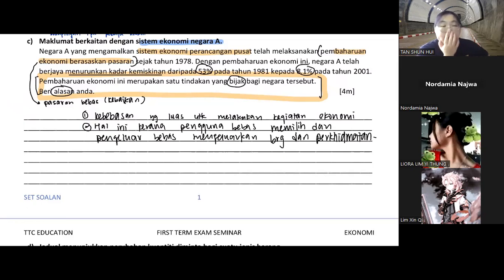Okay. Now, other than that, like, kemiskinan reduces. So when they change to pasaran bebas, what's the benefit? The benefit is because of kecekapan, right? You can see, kerana pembaruan ekonomi ini meningkatkan kecekapan dalam penggunaan sumber. Because it's good in using the sumber. Efficient. Why efficient?